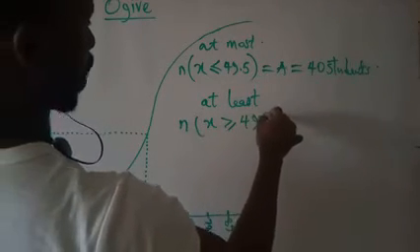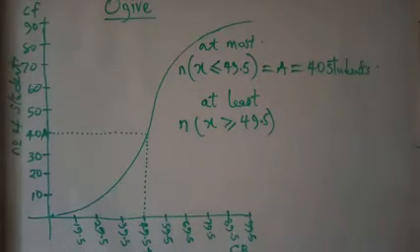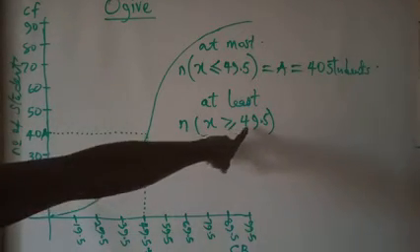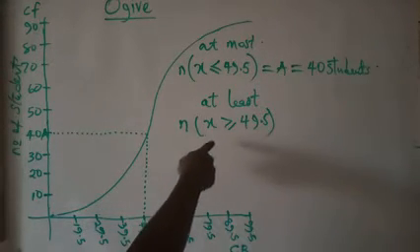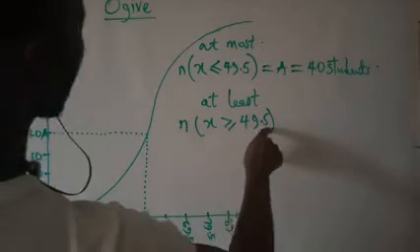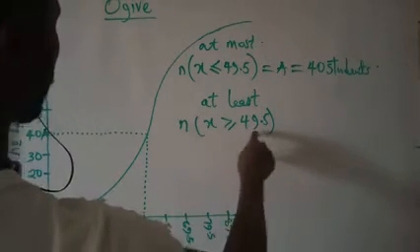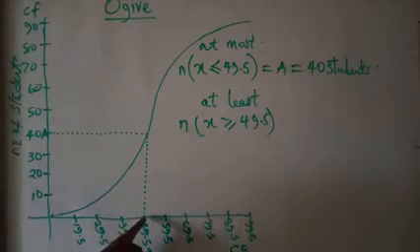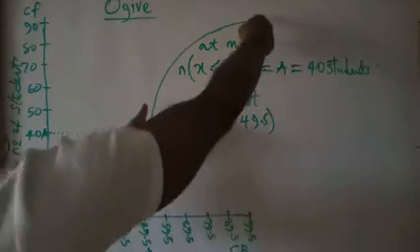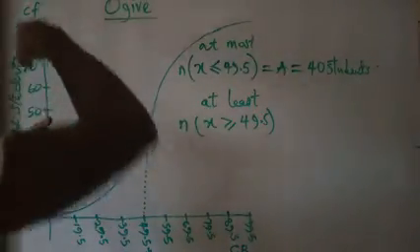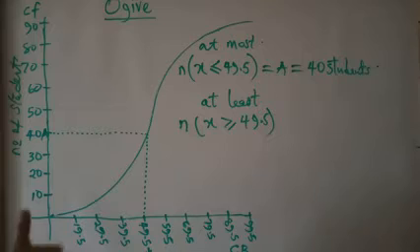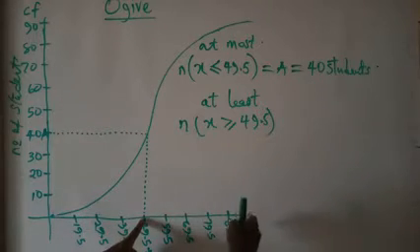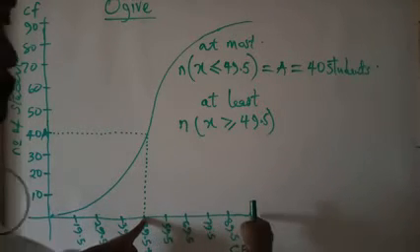So this is the lowest value of what you are looking for. You want this region, which has scored at least a particular mark, in this case 49.5. So this is the lowest.